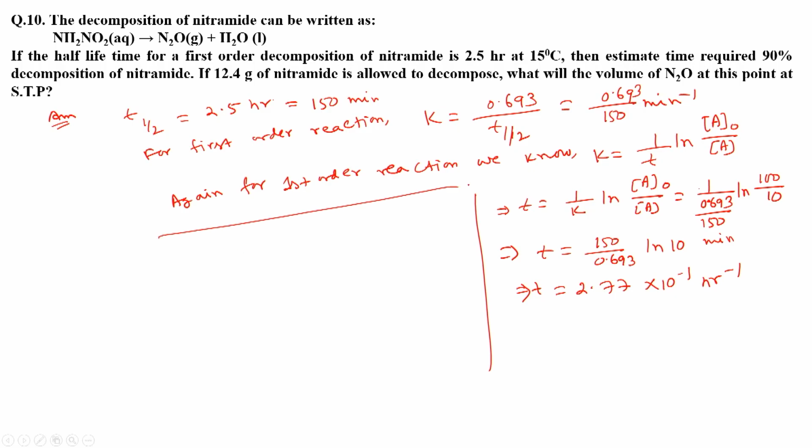Next part is, if 12.4 gram of nitramide is allowed to decompose, what will be the volume of N2O at this point? Sorry, this is your value in minutes, whatever the value is there. So you calculate this one, you get the value in minutes. So you get T is 8.3 hours. This is the value of T you get.